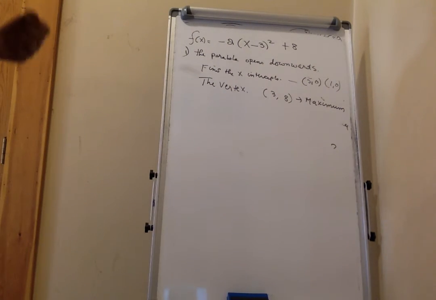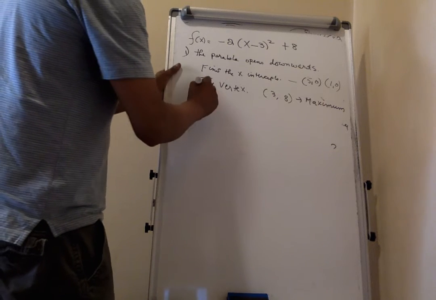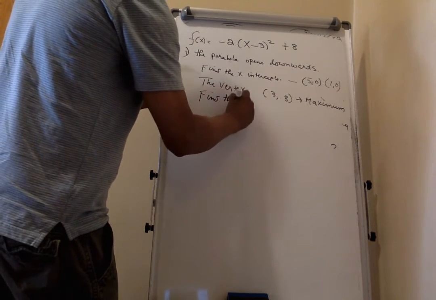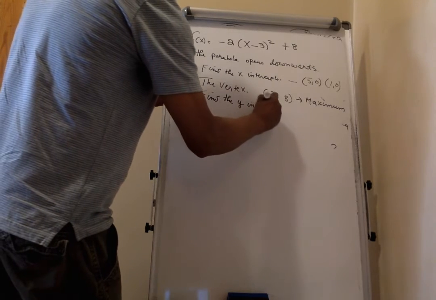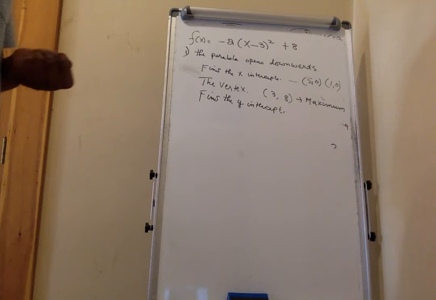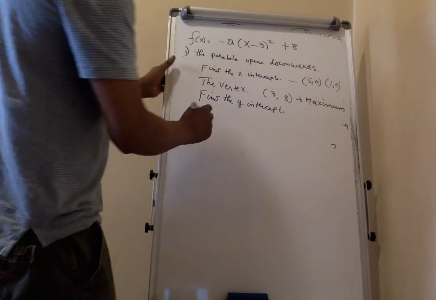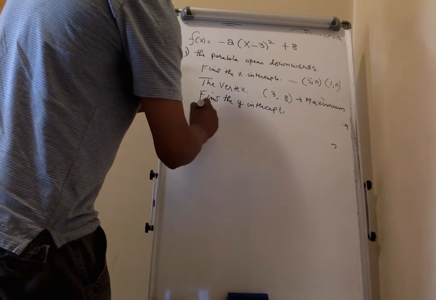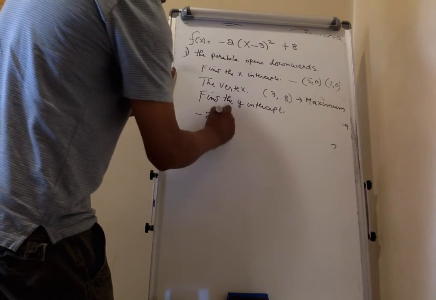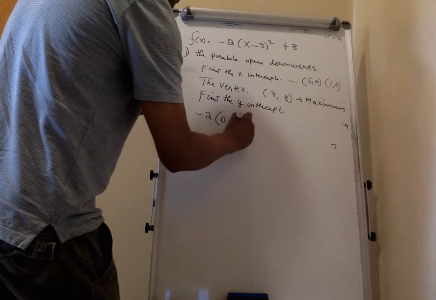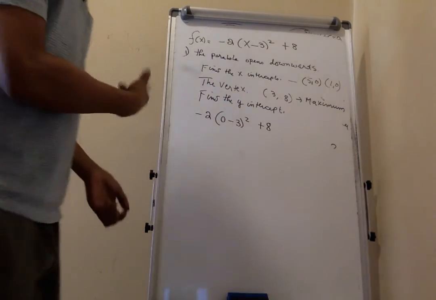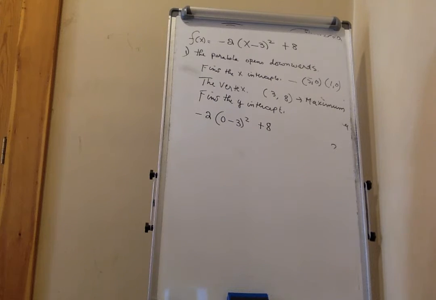And then the y-intercept. For the y-intercept, just plug in 0 wherever there is x. So -2(0 - 3)² + 8. And let's solve this. That will give us the y-intercept.